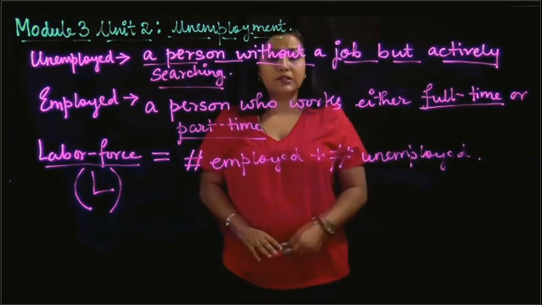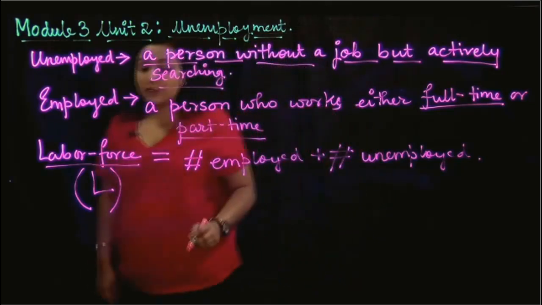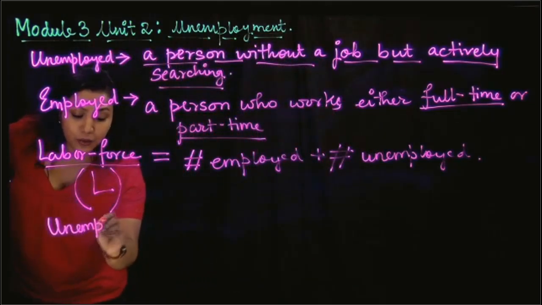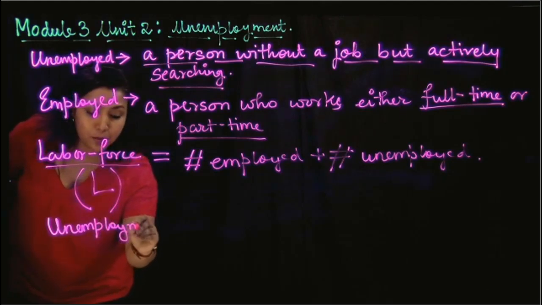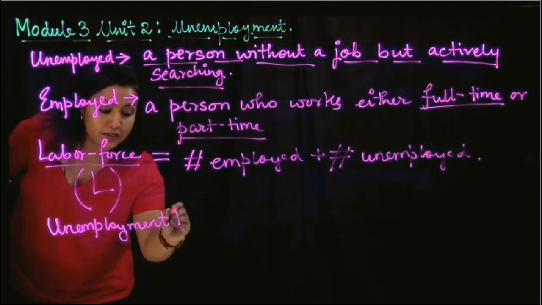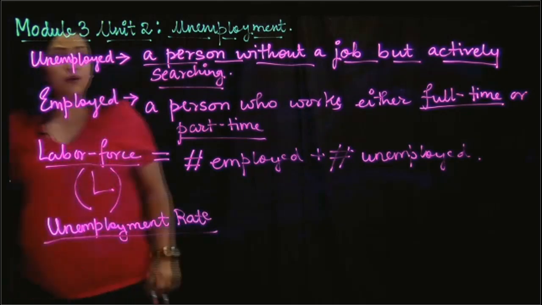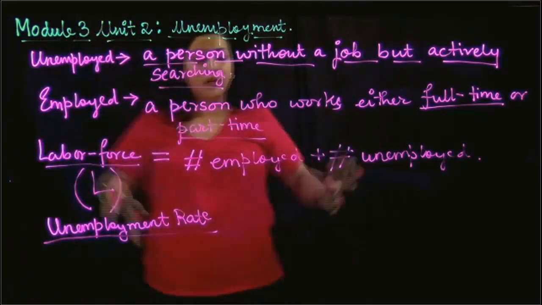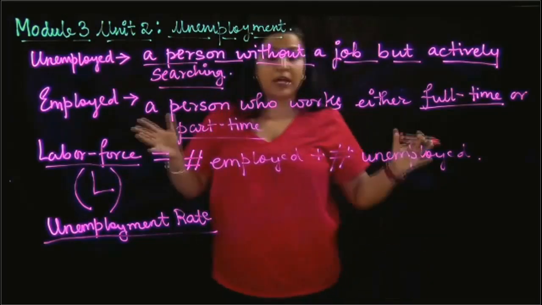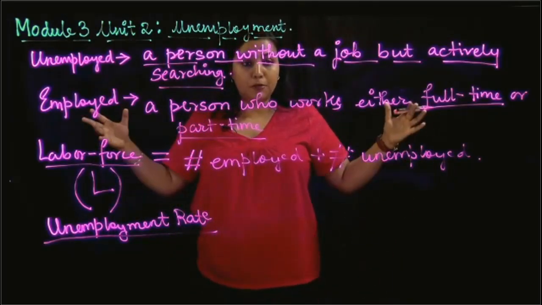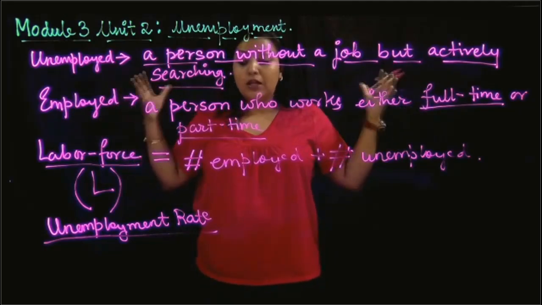Now, based on these definitions, we have some rates. Always, you can understand we need a rate because working with a percentage number is always easier. The number of unemployed people in a country will be a large number, right? It will be a big absolute number. The same will be for the employed people and the same for the labor force, because those are absolute numbers.